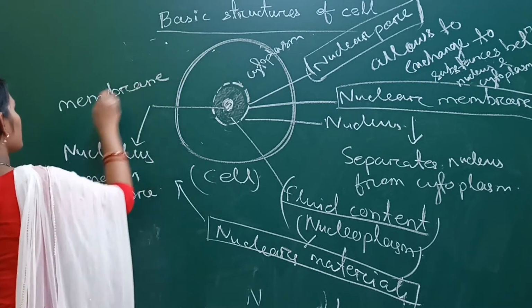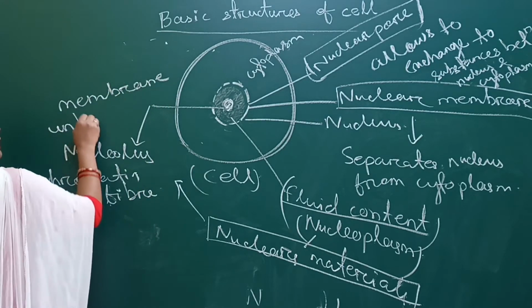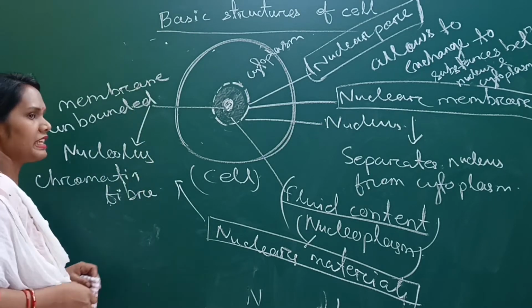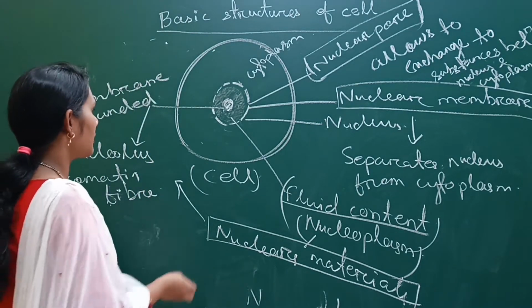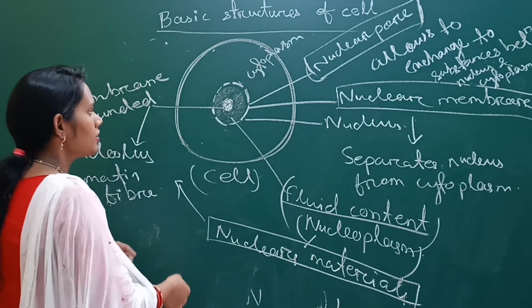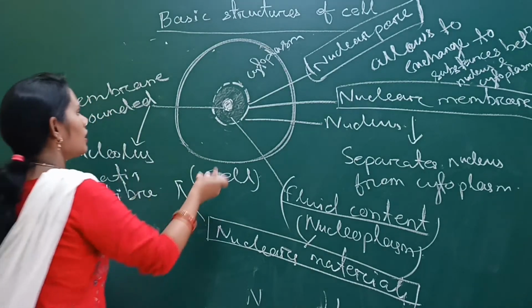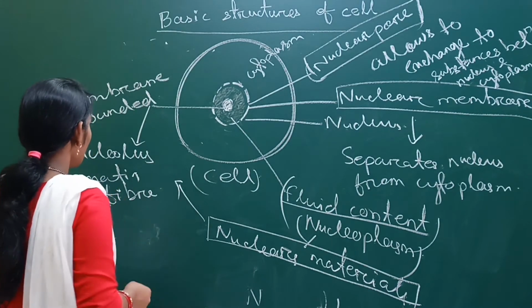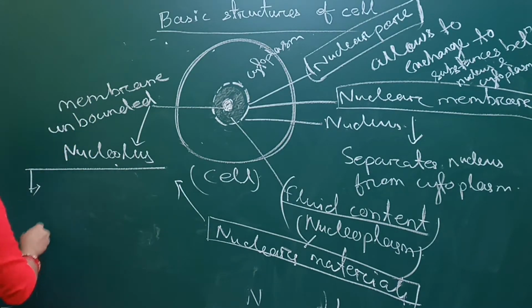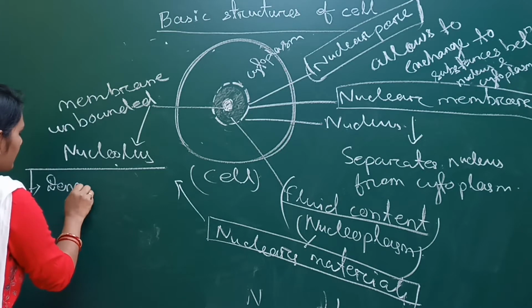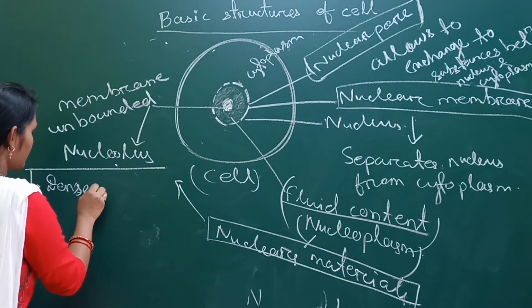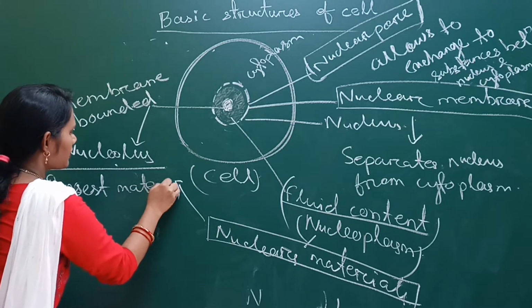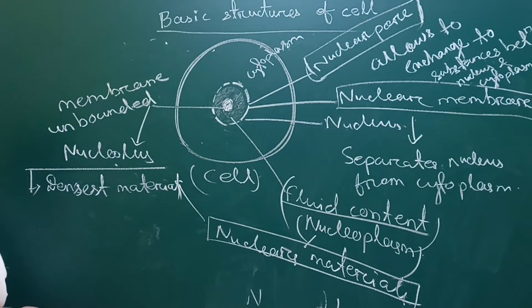It is the densest structure of the cell, very prominent in the cell, and that is called the nucleolus.